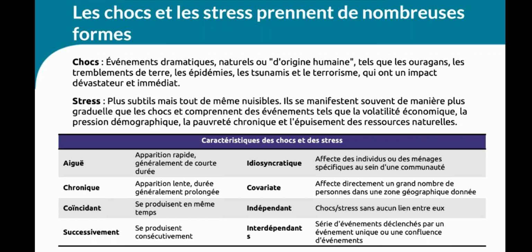And you can think about a range of different kinds of shocks and stresses, from shocks like an earthquake, for example, which is very sudden with little or no warning at all, to things like floods, which are also quite sudden.